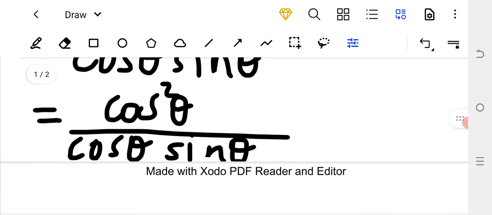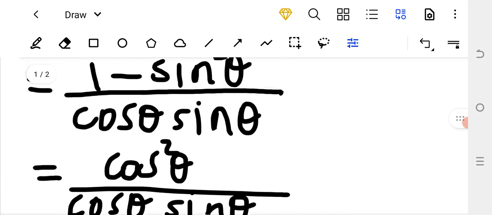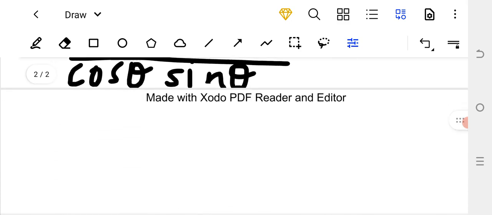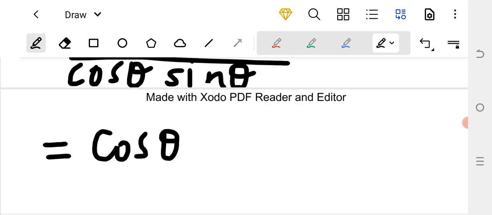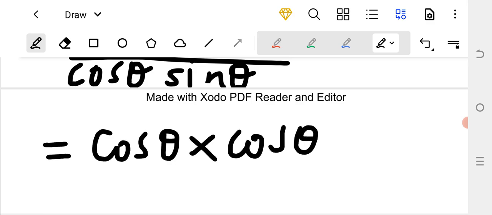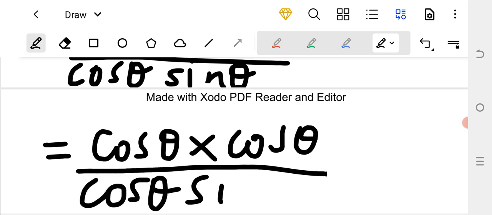And then what we know here is the numerator, cos theta squared, is the same as cos theta multiplied by cos theta. Then you divide by cos theta sine theta.